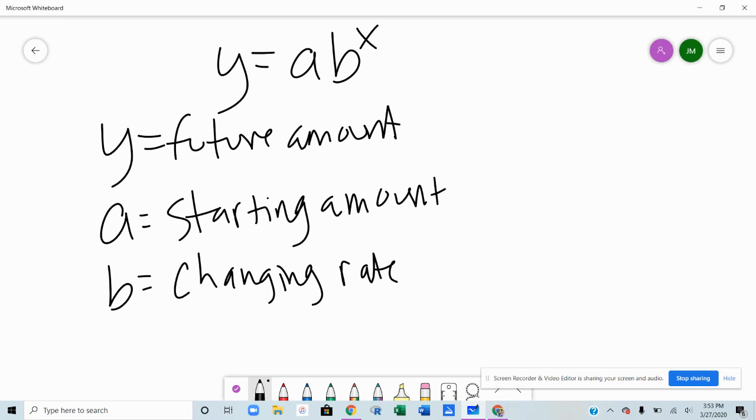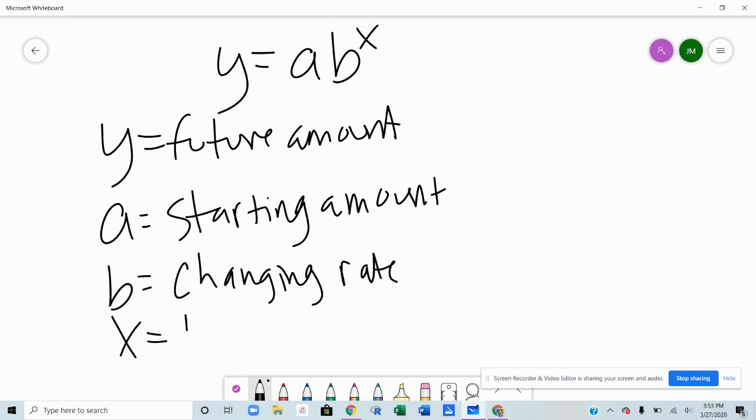So if I said that the population of something is doubling, okay, remember doubling means timesing by 2, so B is 2. If I said that there are half as many people, then 1/2. Whatever that changing amount is your B value.